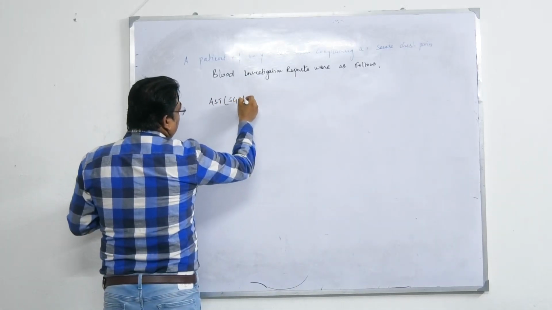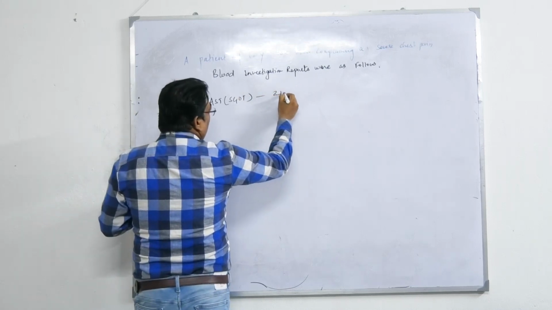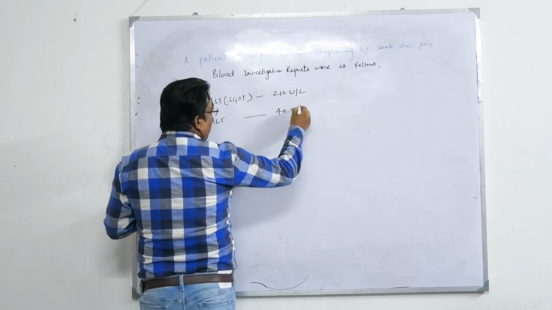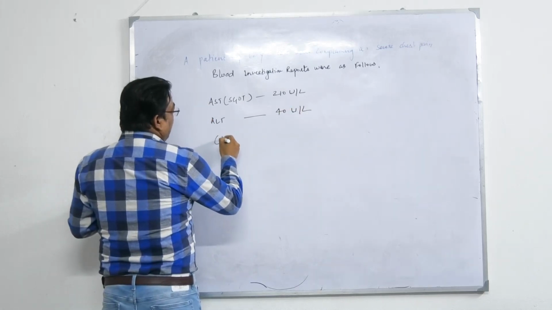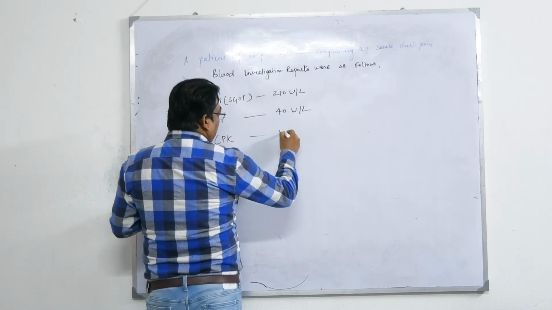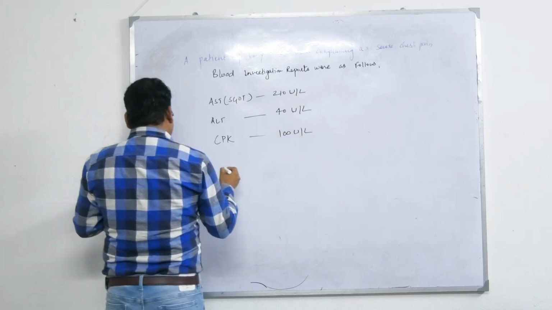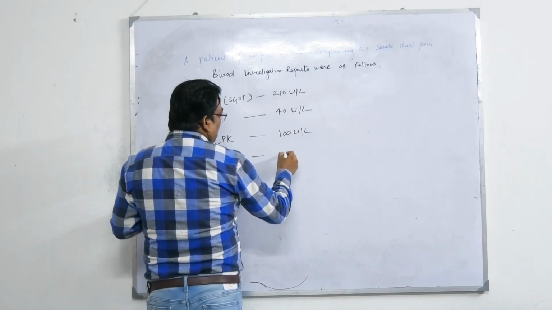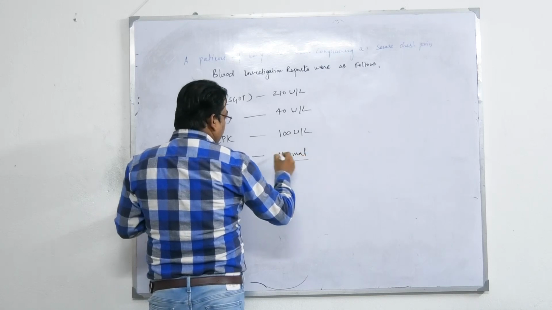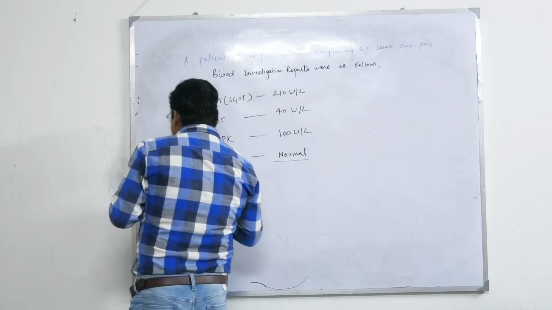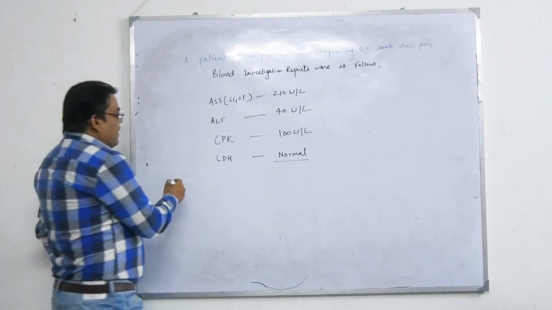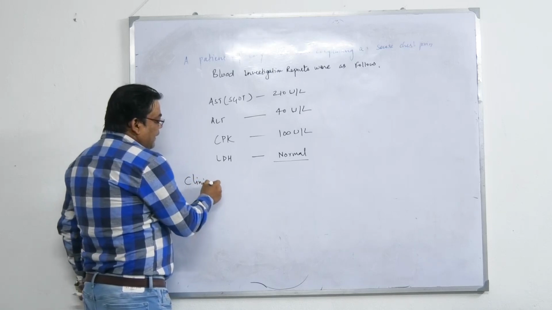AST (SGOT) is 210 international units per liter. ALT is 40. CPK is 100. And LDH is normal. LDH is normal. Now tell me your clinical interpretation.